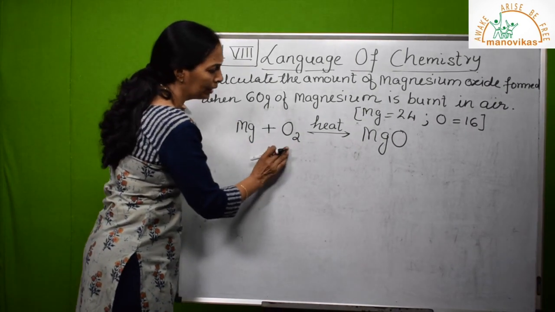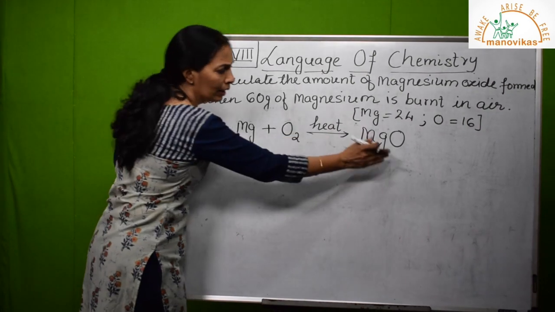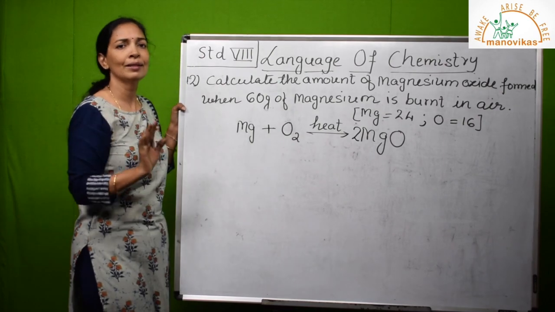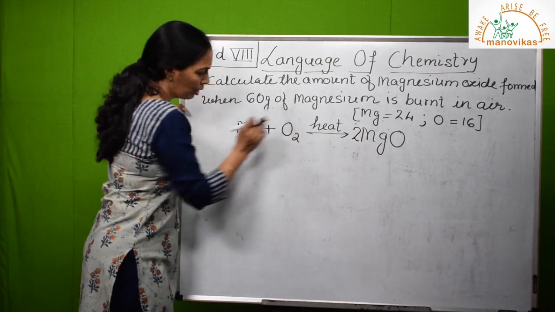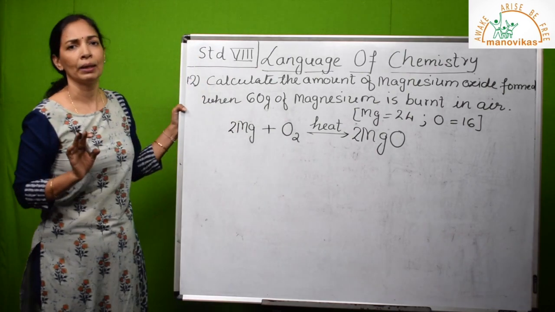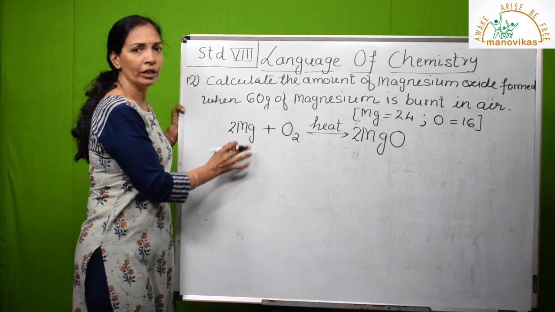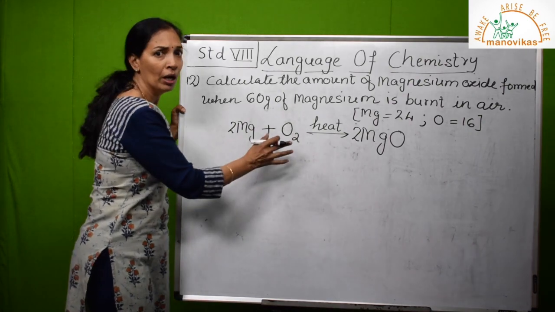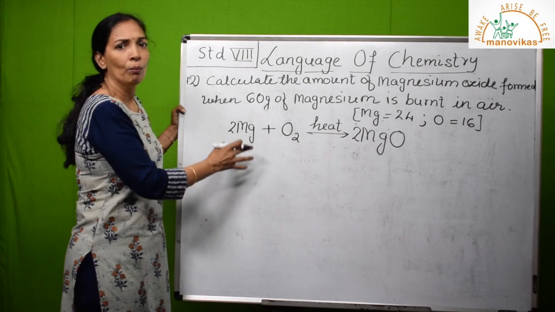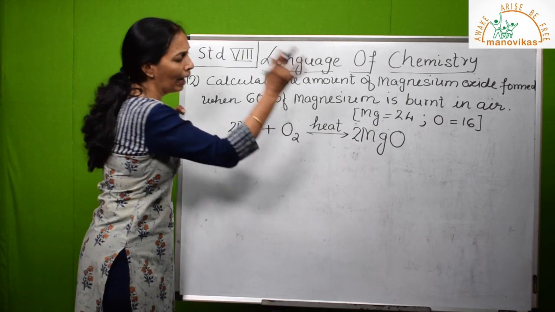Balancing the chemical equation: here 2 oxygen are there, here only 1 oxygen. So we will write a 2 over here. Now oxygen is balanced. 2 magnesium, only 1 magnesium. So write a 2 over here. Now this is a balanced chemical equation. Now let us see, according to this equation, what is the mass of magnesium oxide produced. So let us calculate the molecular mass of reactant and product.